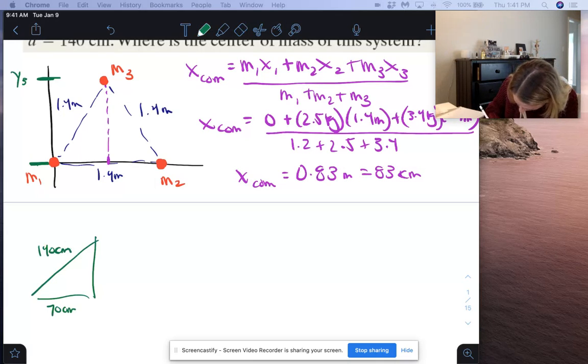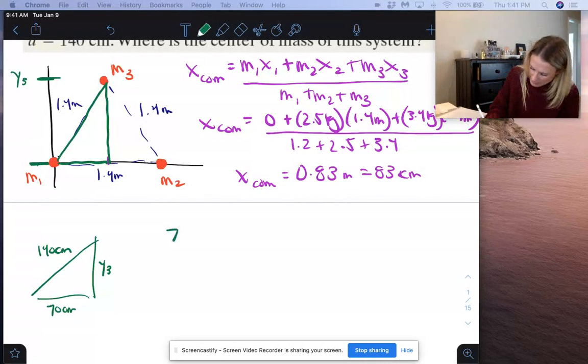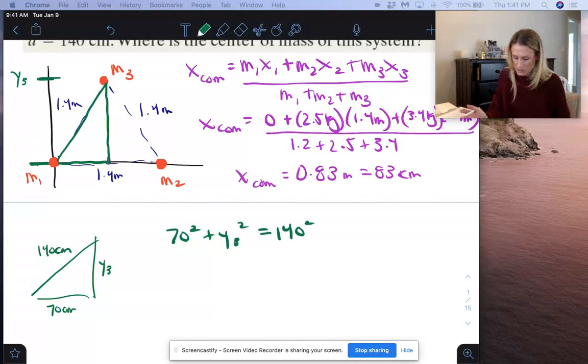So I need to know what this y3 is right there, and my triangle is not drawn to scale. So I'm looking at this triangle right here in order to find the y coordinate for mass 3. I know 70 squared plus y3 squared is going to be equal to 140 squared, because a squared plus b squared equals c squared.